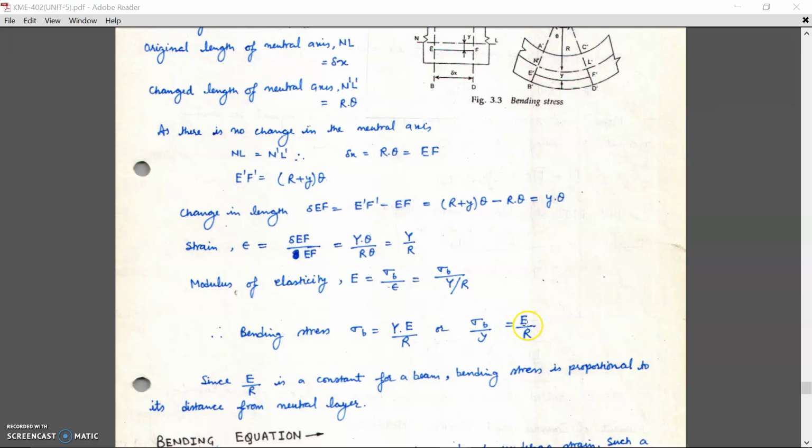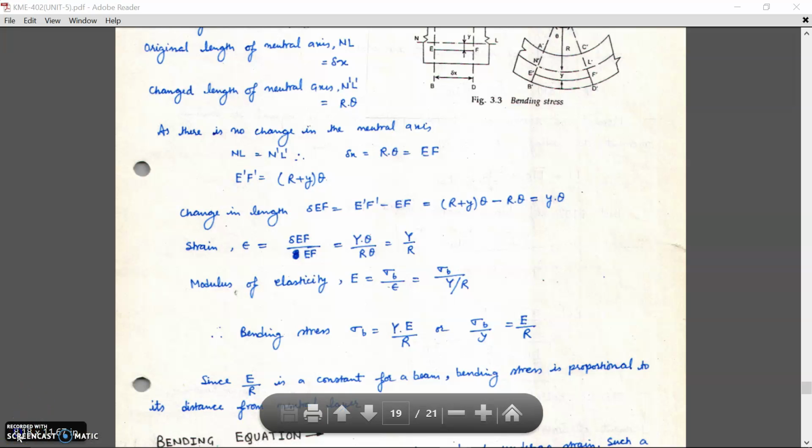If E by r will be a constant, then what do you mean by this? What I mean by this is that in that case sigma b upon y is equal to constant. Then what do you mean by this? What I mean by this is that sigma b will be directly proportional to y, right?